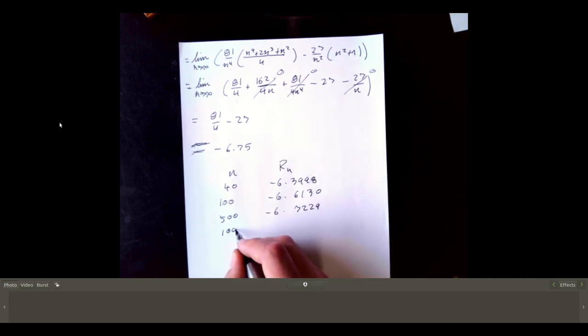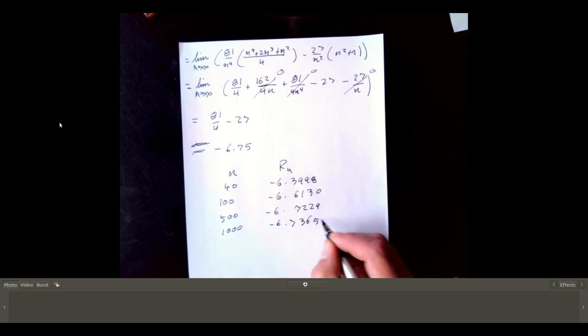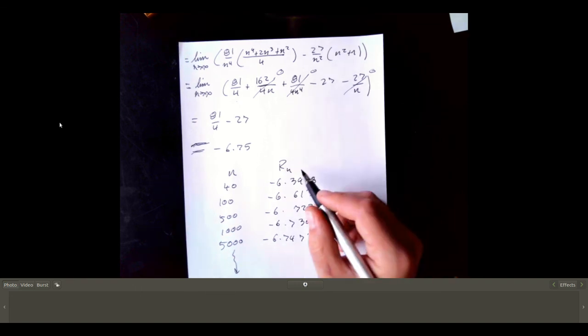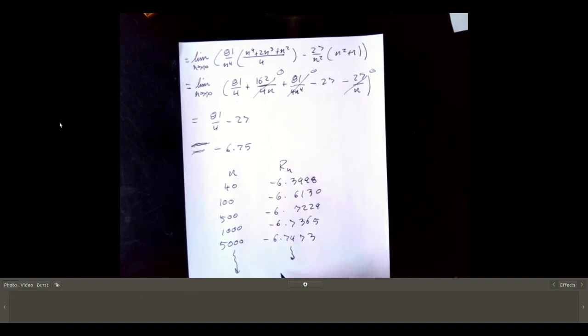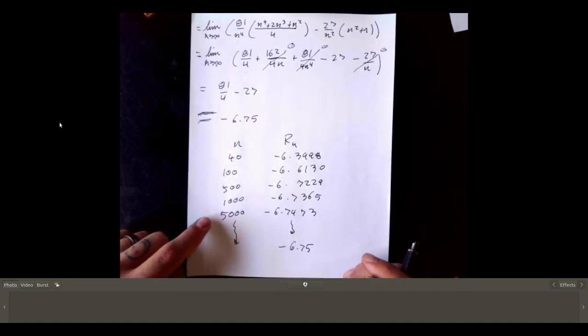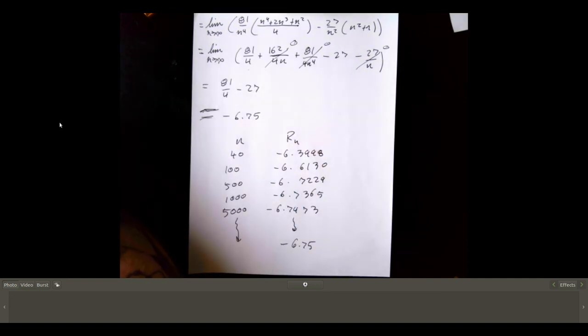When n is 1,000, we get negative 6.7365. When n is 5,000, we get negative 6.7473. So as n gets large, the value is in fact converging to negative 6.75. It would just take an incredibly large amount of n's for us to get close to that value. So that's why we're evaluating these definite integrals definitely.